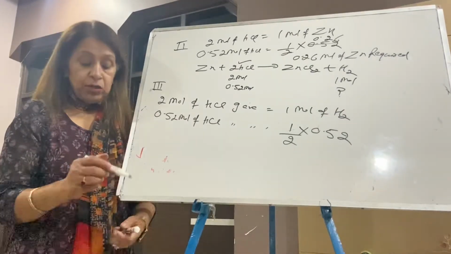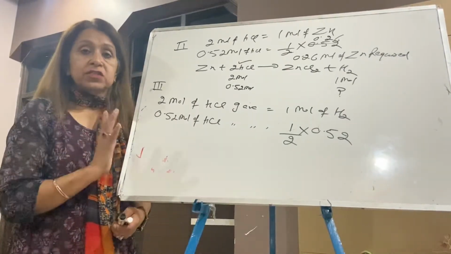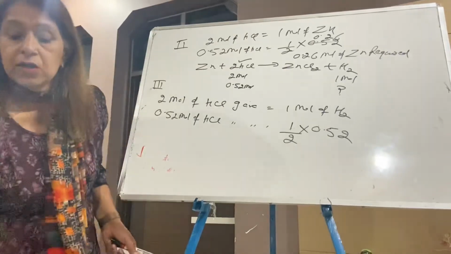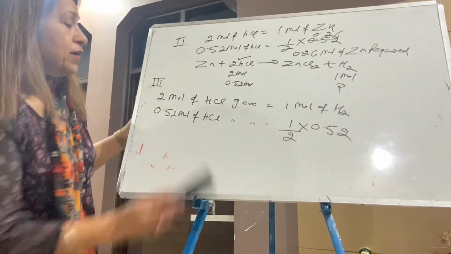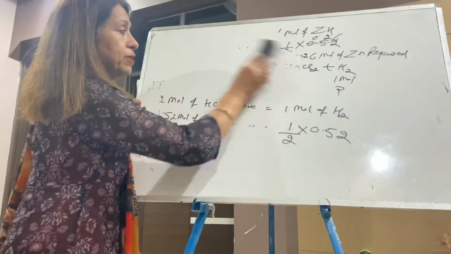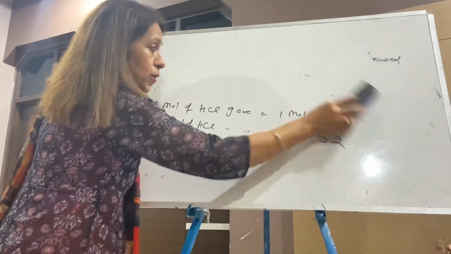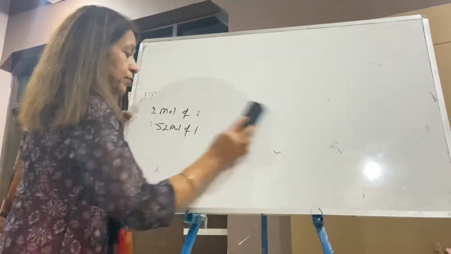Now I'm taking the numerical 2-3 times so that you become expert in this topic. Write the second numerical on the same topic, that is limiting reactant. Write numerical number 2. Today your topic is limiting reactant.